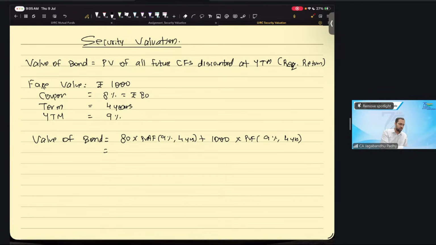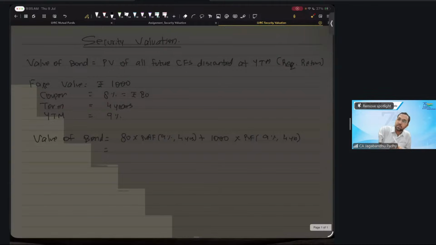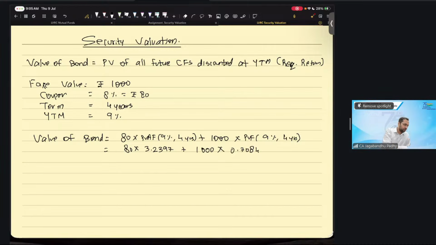1 divided by 1.09, 1, 2, 3, 4. We have the present value annuity factor as 3.2397, plus 1 divided by 1.09 to the power 4, so 1000 into 0.7084.